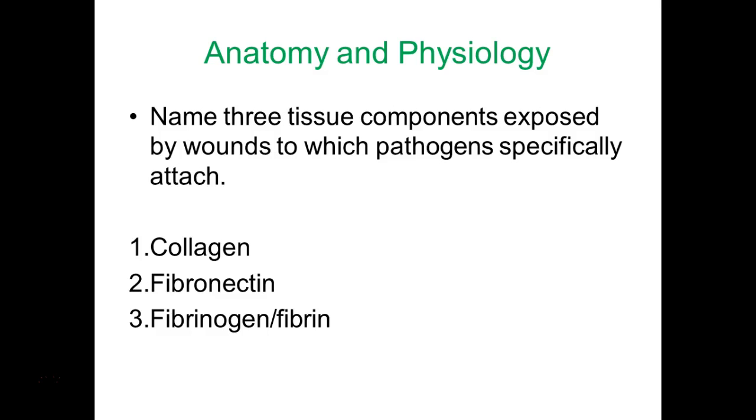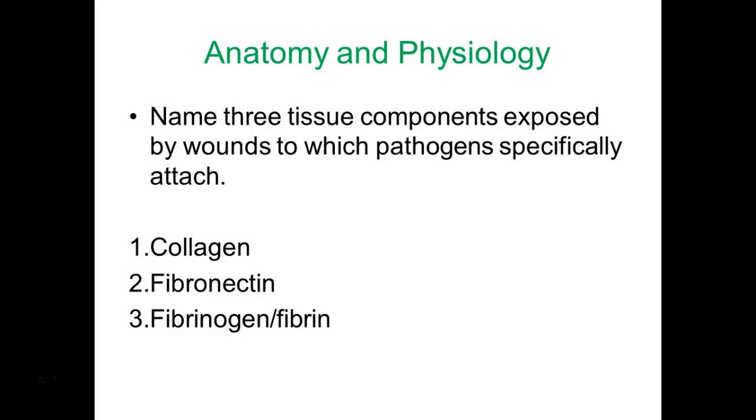So the three tissue components that become exposed by wounds, which the pathogens will attach to: your collagen, your fibronectin, your fibrinogen or fibrin that form in clots. Bacteria have developed the ability to attach to these substances.